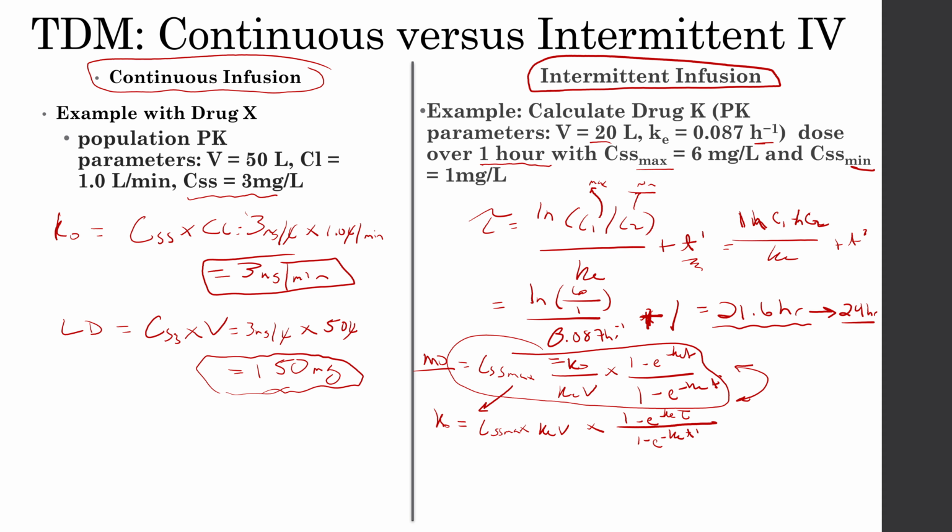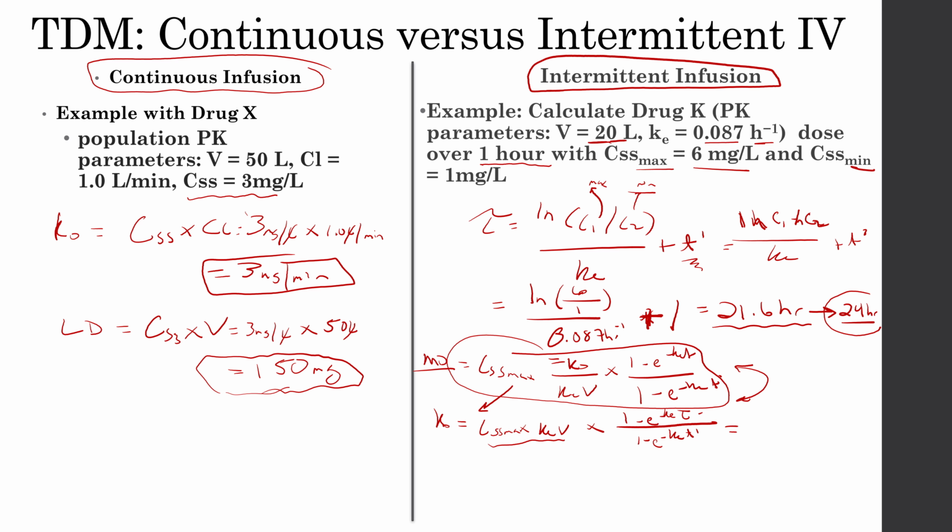We have 20 liters up here, so we have a V, we have a KE, we have our CSS max, so that's the first part of this equation. We now know, we also have the KE there, but we know what the tau is, which inserts into this upper part of the equation. The T prime is 1 hour, and so make sure you plug and chug all of that stuff.